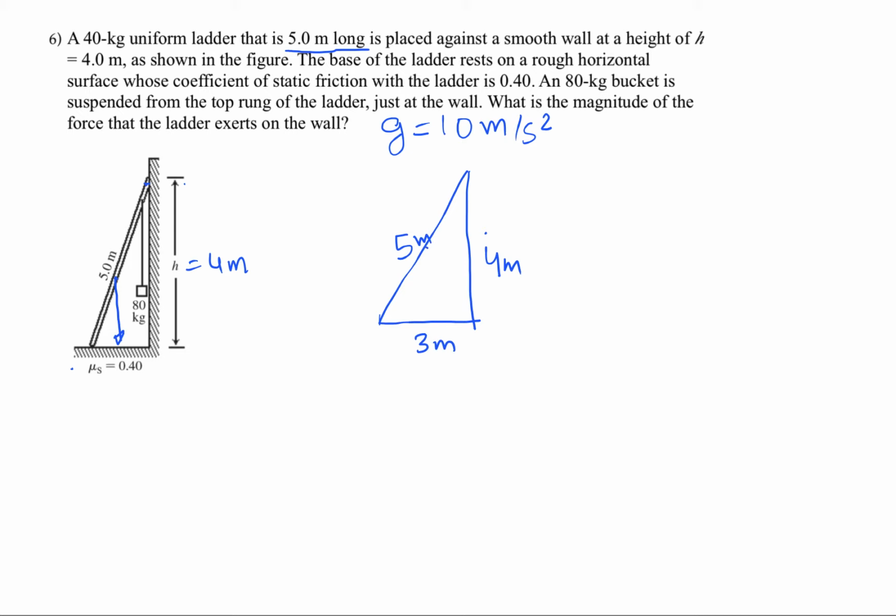Because the weight of the ladder acts from the center of the ladder over here, that is the center of mass, when it comes down, it's going to be acting at about a distance of 1.5 meter. So the weight of the ladder tends to rotate it clockwise, right?